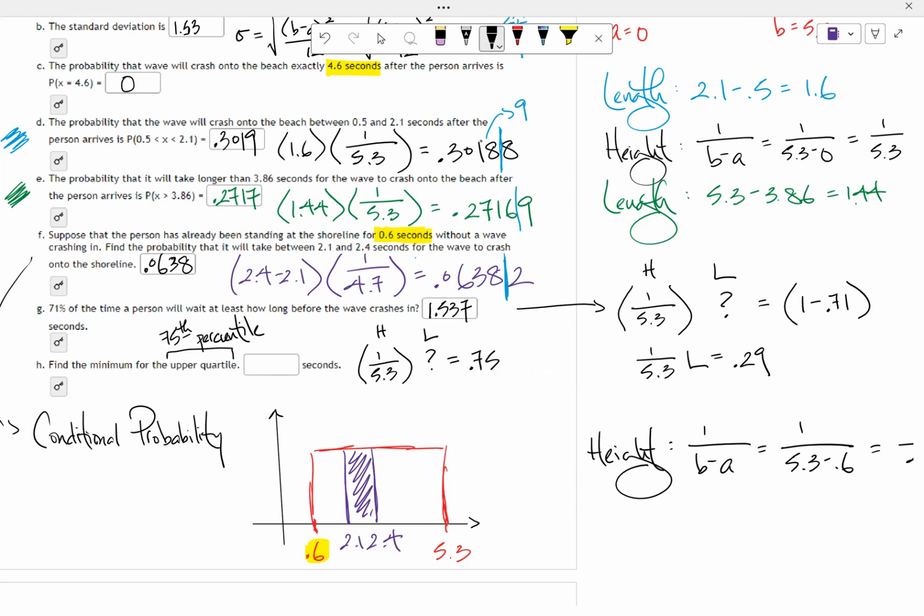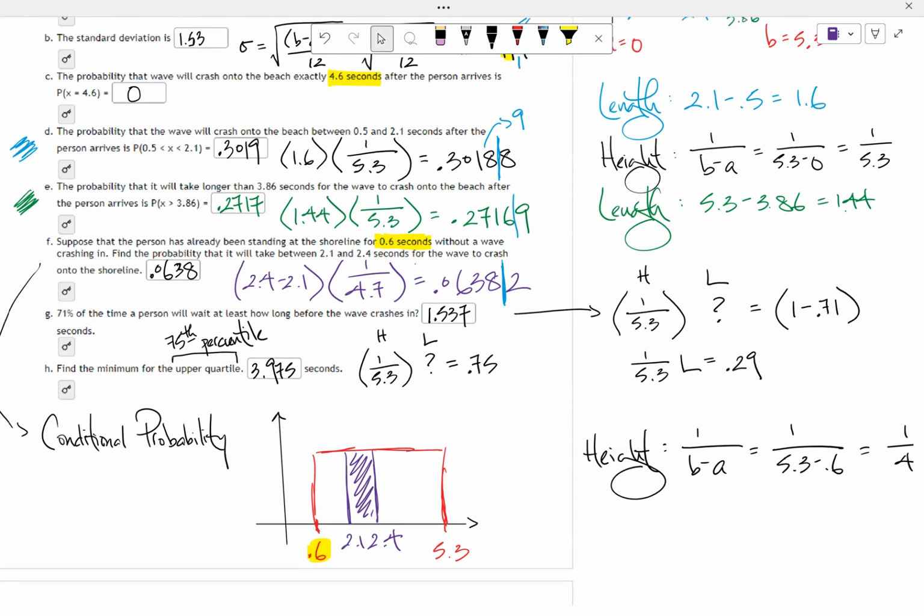We want to know what area gives us 75% of that whole area. When we multiply that 5.3 across, we'll end up with 3.975 seconds.